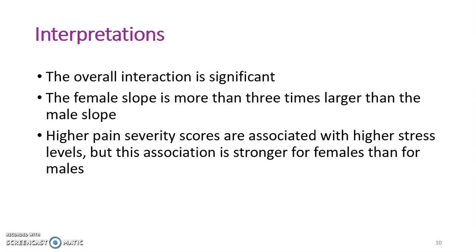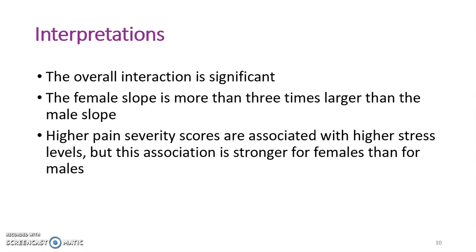So our interpretations, now that we've examined the interaction a little bit further, we would say that the overall interaction is significant, and the female slope is more than 3 times larger than the male slope. Now, remember, we're just talking about simple slopes, so the slopes are in the exact same units. So we, in fact, can say that the female slope is more than 3 times larger than the male slope because we're directly comparing units.